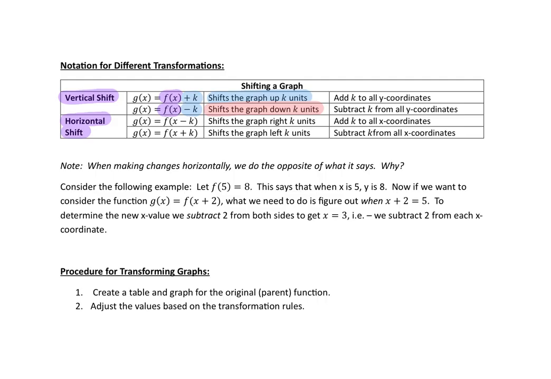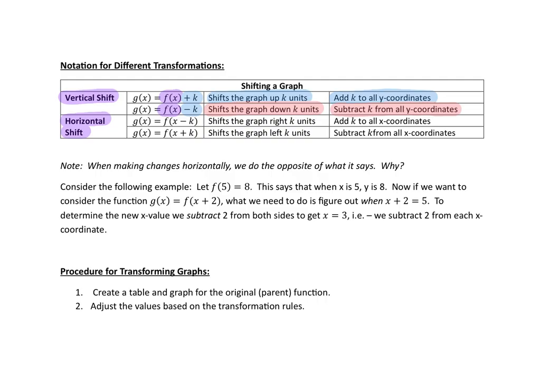If we talk about this from the table perspective, what we are doing is adding k to all of our y coordinates. Remember, the y coordinates are the ones that go up or down. And if it's a minus k, if we're shifting down, then we subtract k from all the y coordinates.